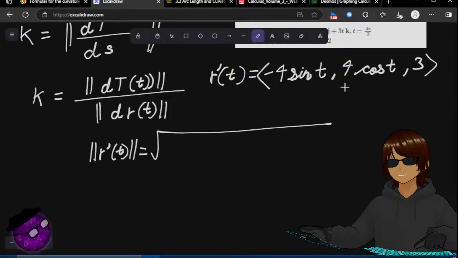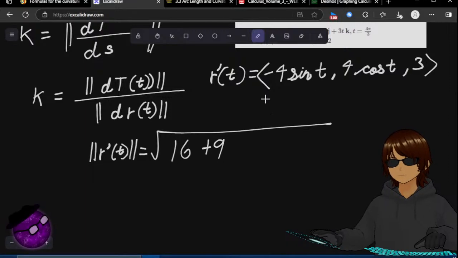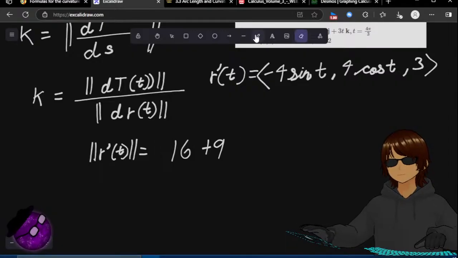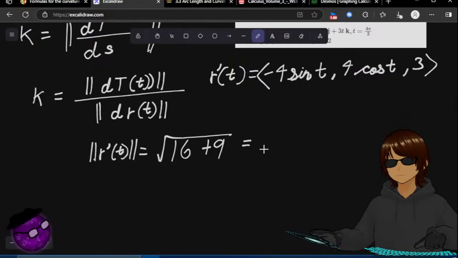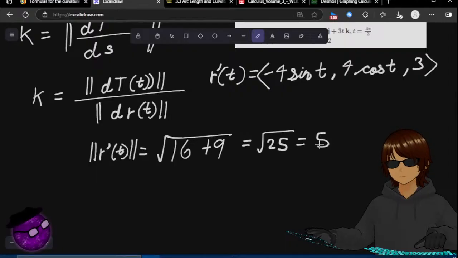Sine square plus cos square is 1, so we are just left with 16 plus 9. So we are left with 5.